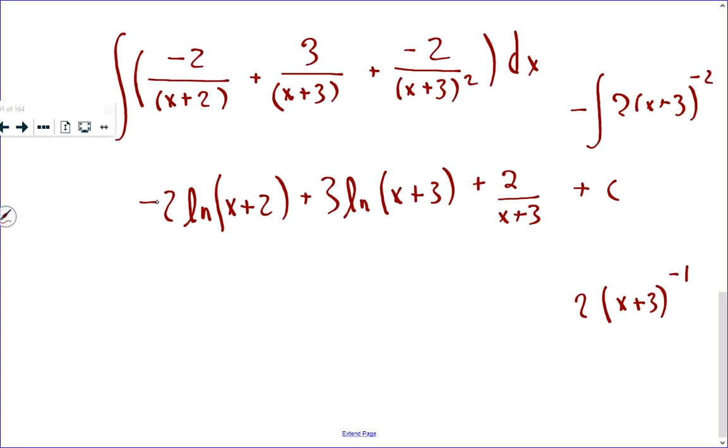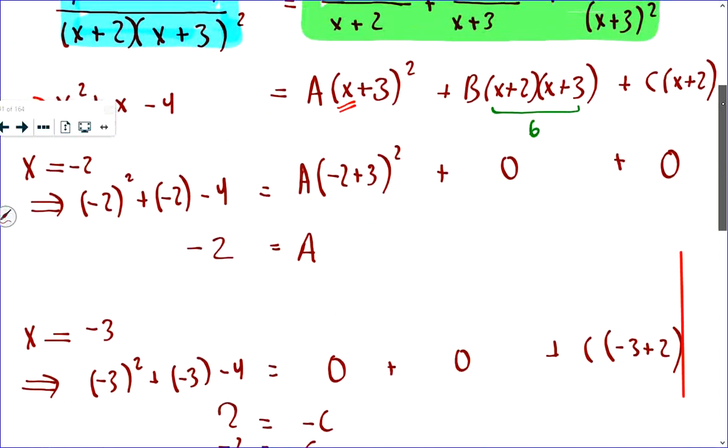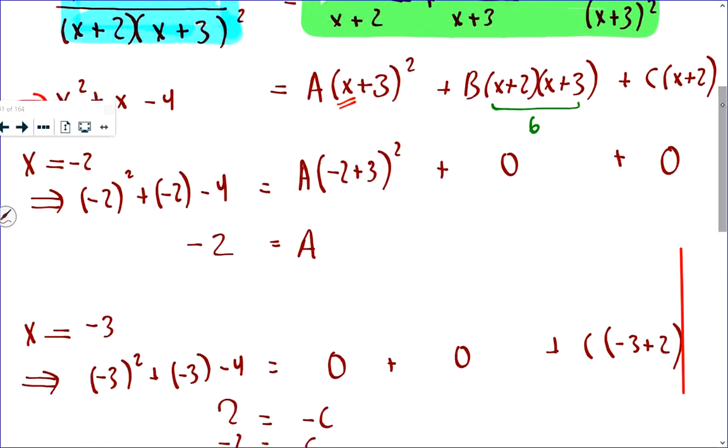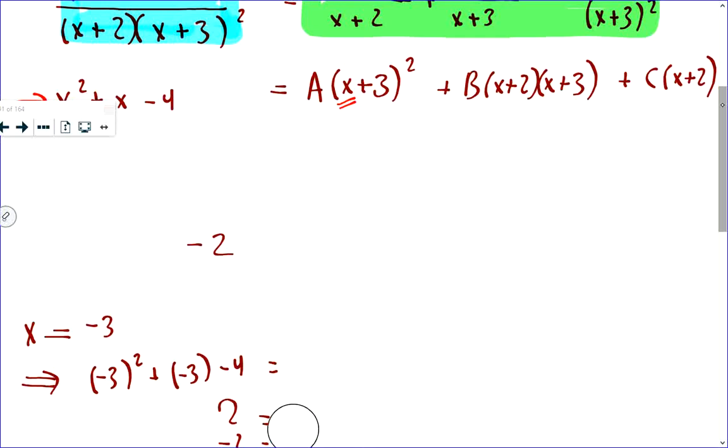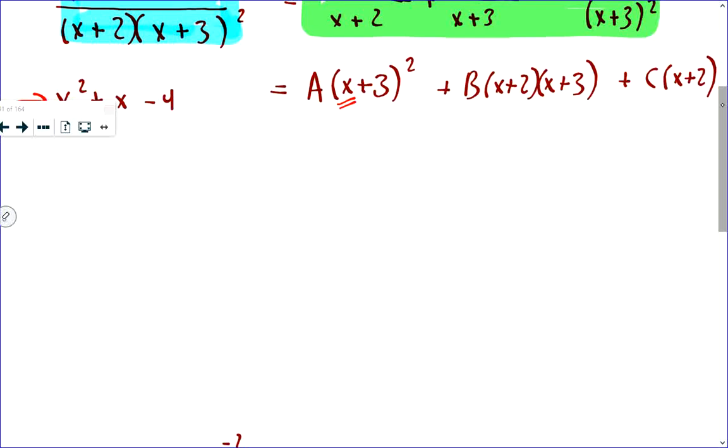Okay. If you are interested in this kind of thing, the proper kind of hoi polloi fancy way of doing it would be to expand all this out. And you would end up with an ax squared, you would end up with a bx squared from this and from this. You would end up with 6ax in here.